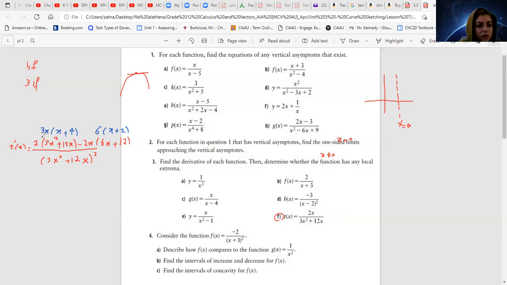Now from these two terms, 2 multiplied by 3 is 6, right? So I can factor out 6x. If you factor out 6x here, you just have x plus 4, right?